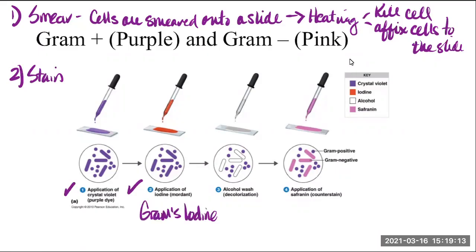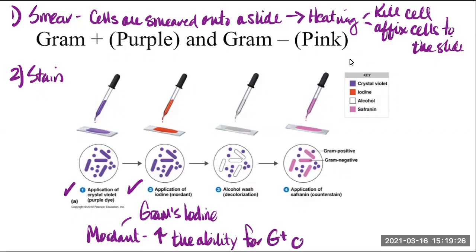And so this is the mordant. And this is going to pretty much increase the ability for Gram-positive cells to be stained with crystal violet.